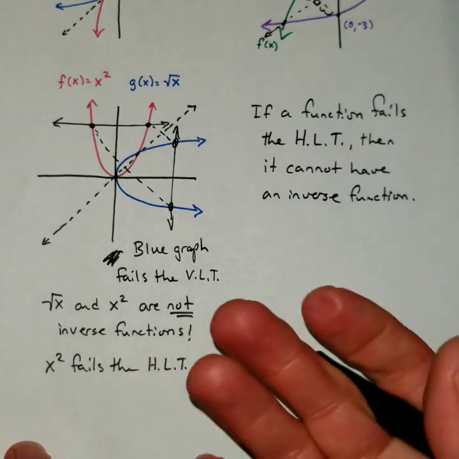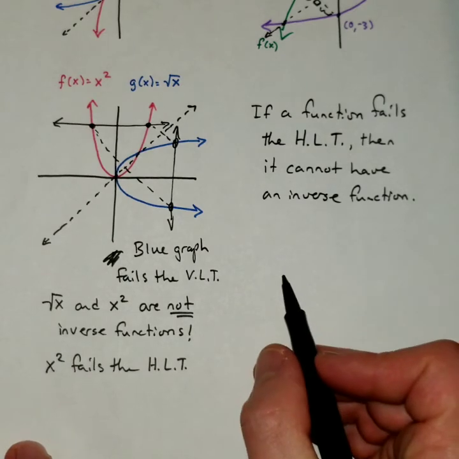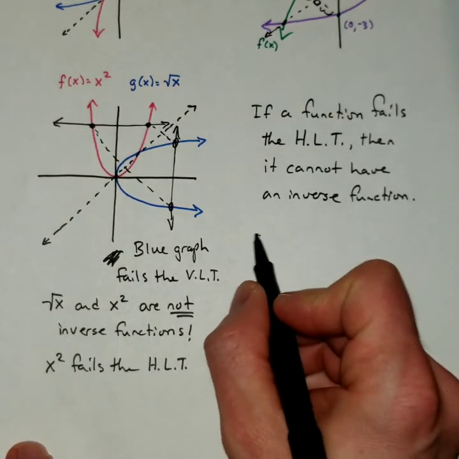Okay, the resulting inverse would not pass the vertical line test. Okay, so the functions that do pass the horizontal line test are called one-to-one functions. They have a special name.